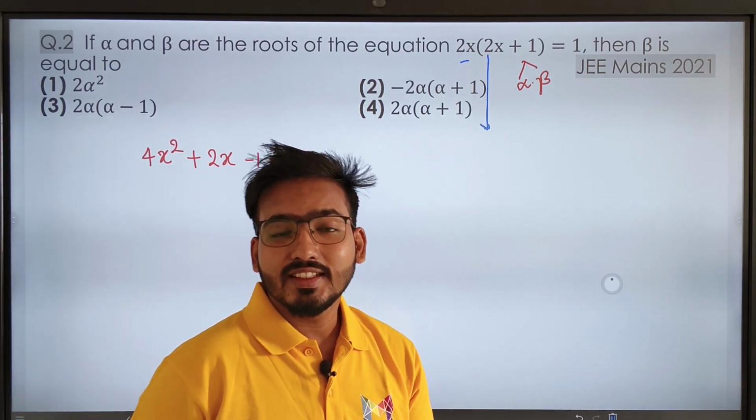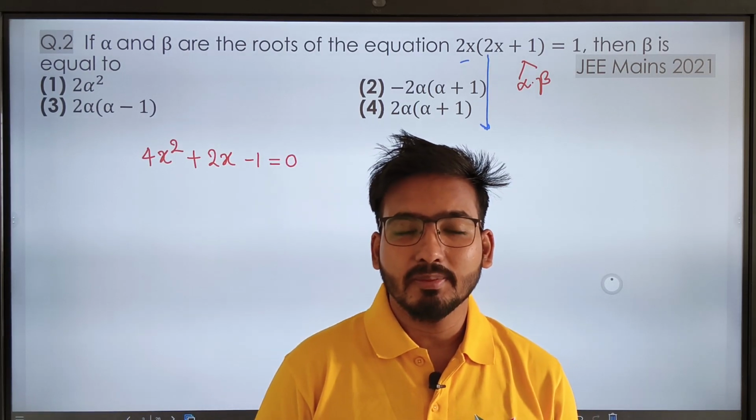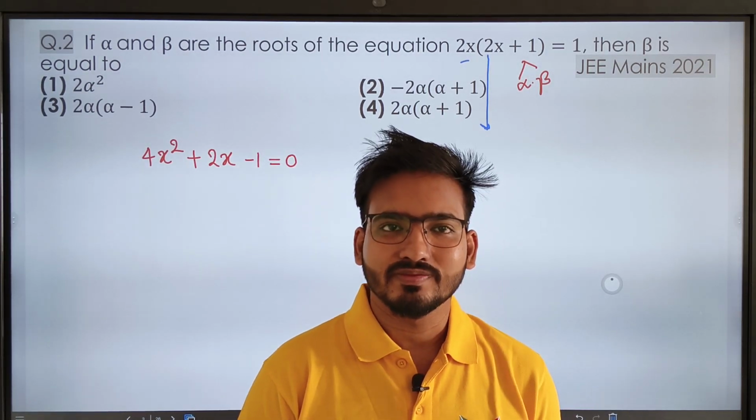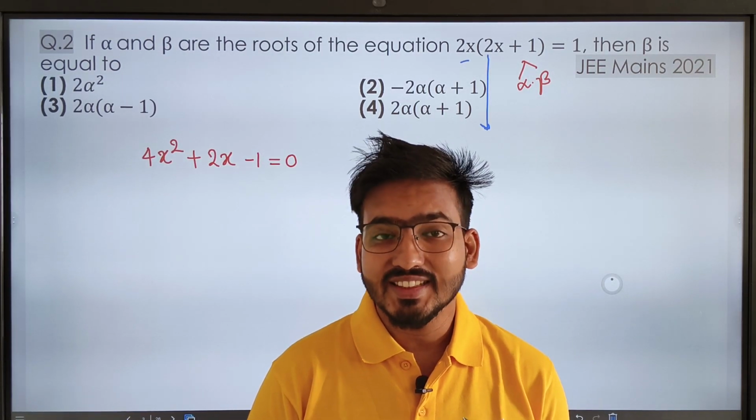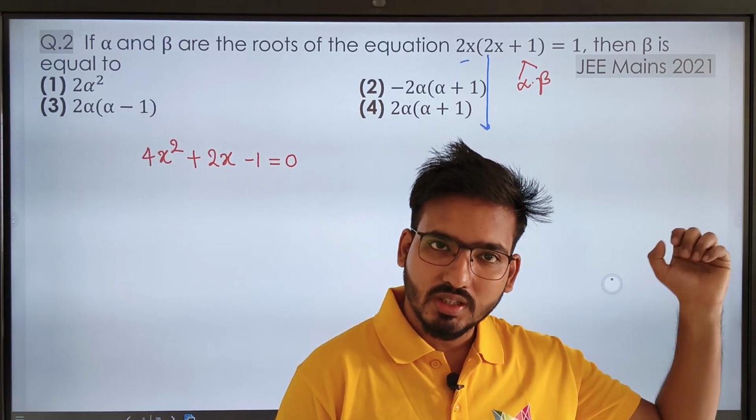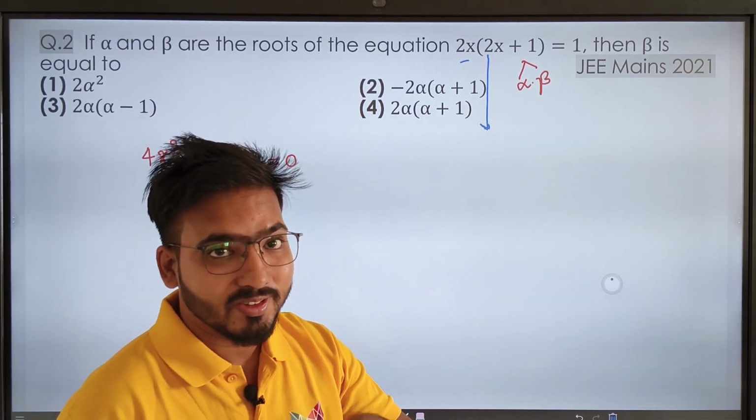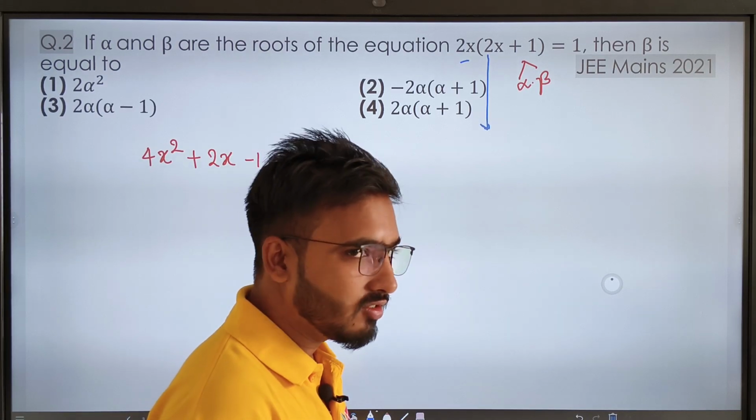These are the little observations you need to keep in mind while solving the problem. These are the little hints. If someone puts beta, then I don't think you will get the right result very easily.